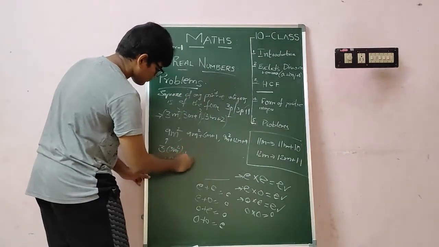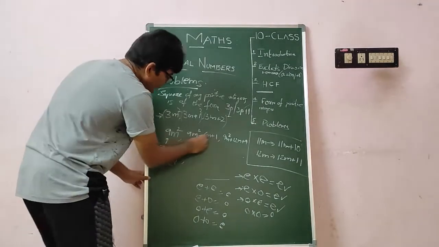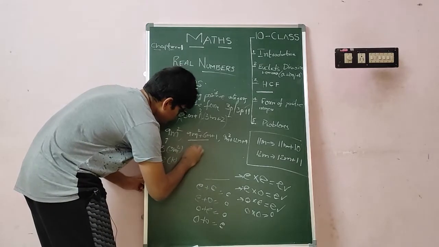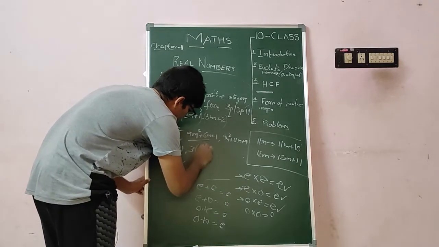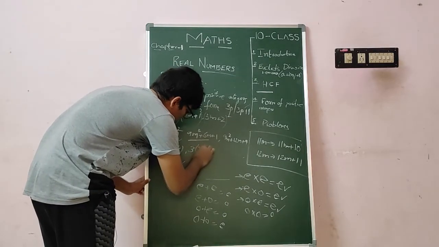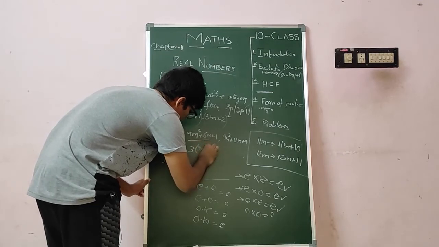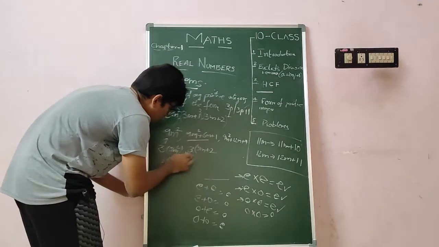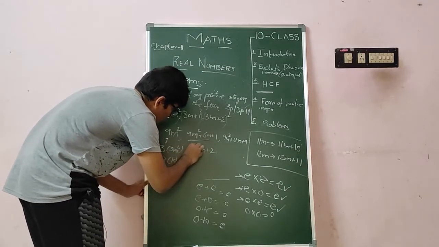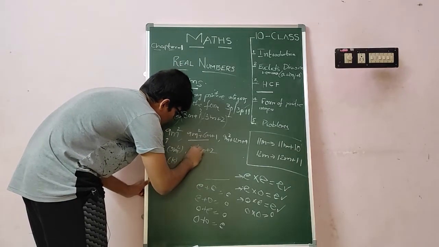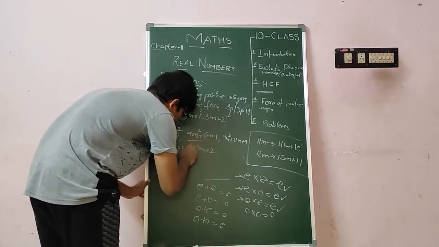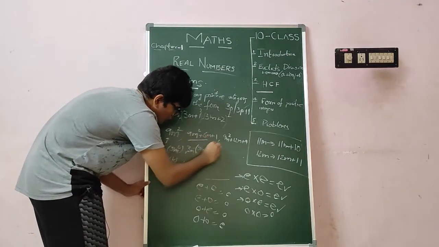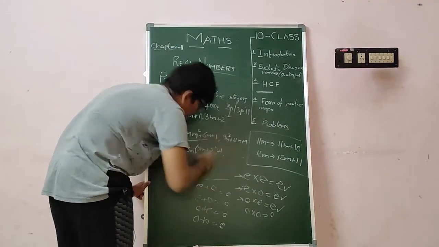Now here we can see we can take 3 common from these two numbers, which is 3m square plus, what can we take, students? We can take m as common, because we have m also common, plus 1.